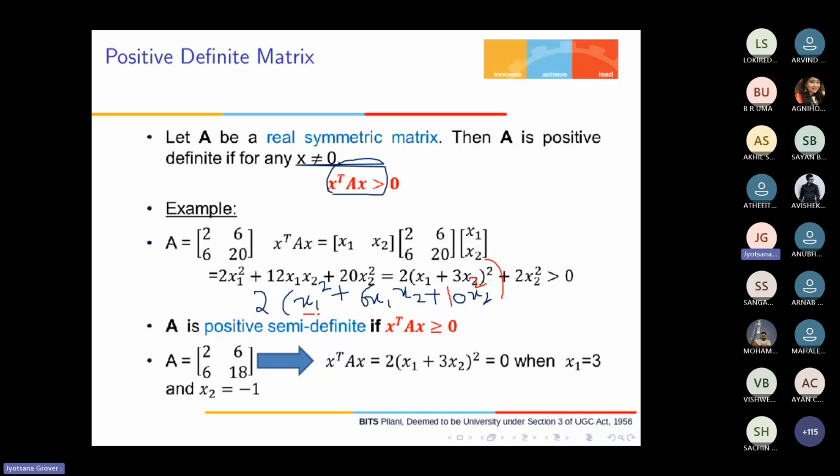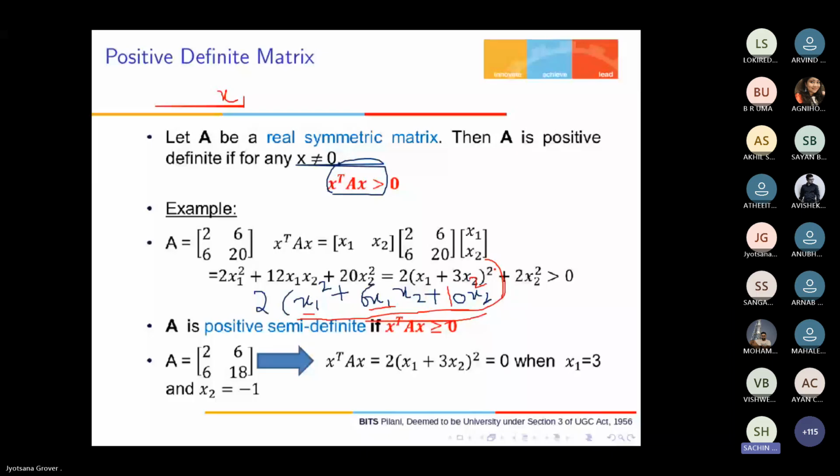So this is x1 square, and now this is 6x1x2. Try to make it a square. What is the formula for x1 plus x2 whole square? Here you have x1 square and 2ab, so 2 into x1 into 3x2. You try to make the 10x2 square into what should make it a perfect square.